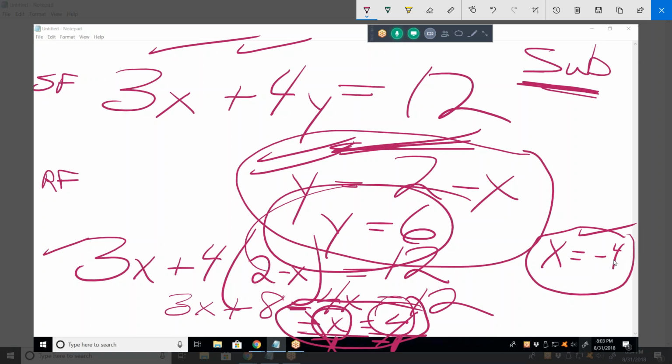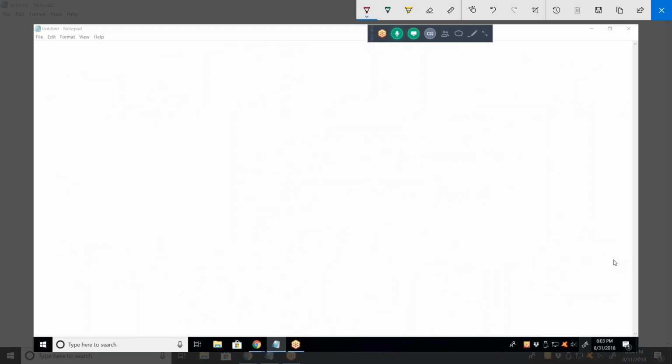That's a unique solution. And I use substitution because both equations were not in standard format. That's pretty much the rule you use. If both equations are not in standard format, then you always use substitution.